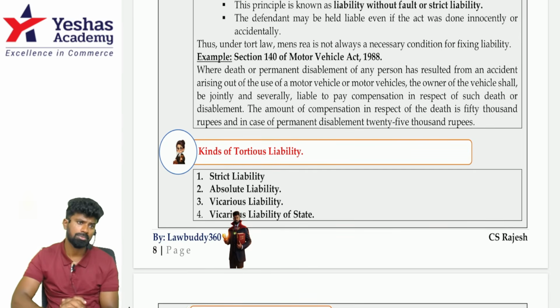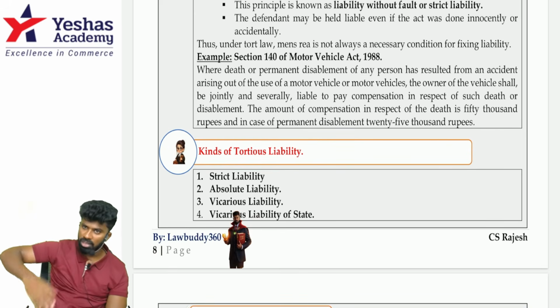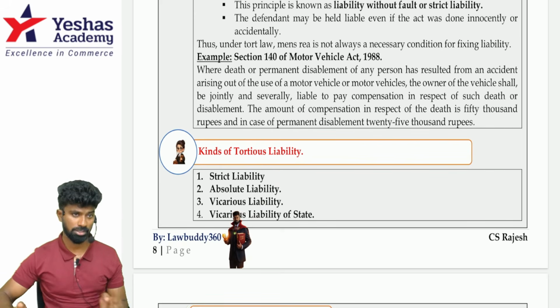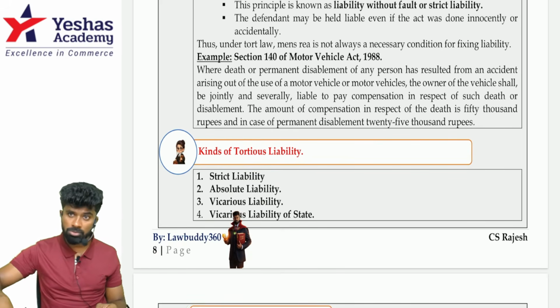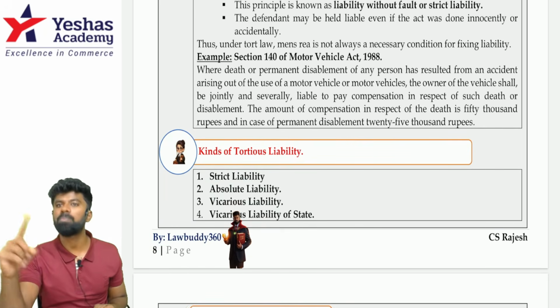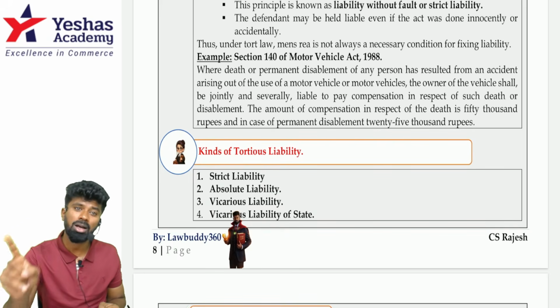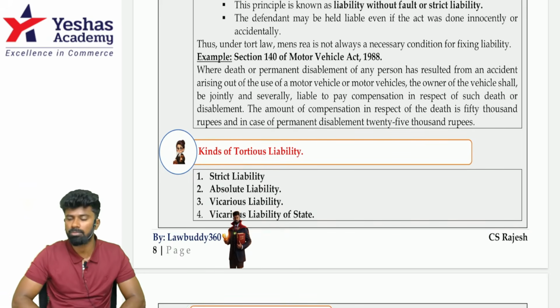If there is a non-natural use of land, and whatever is stored on that land escapes and causes harm to any person, then he should compensate the person who has suffered the loss, irrespective of whether he has taken reasonable care or not.